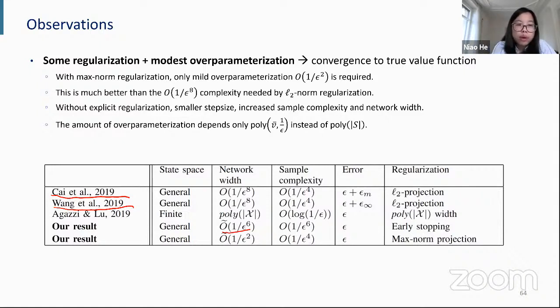So unlike this other work that uses neural networks, where they've shown that you need a number of neurons polynomial in the size of the state space S in order to converge to the true optimal solution, which is apparently impractical when your state space is very large.